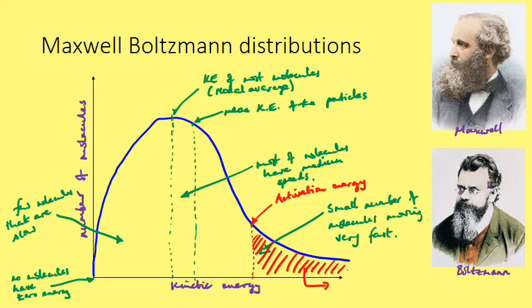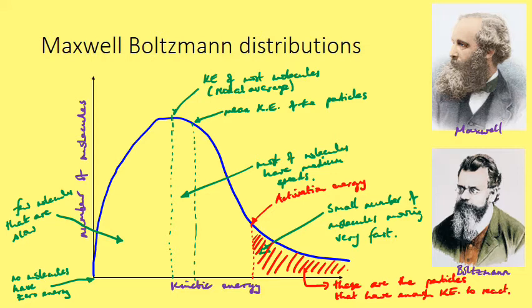Okay, so these are the particles that have enough kinetic energy to react if they are also oriented correctly. Okay, so that's the Maxwell-Boltzmann distribution.